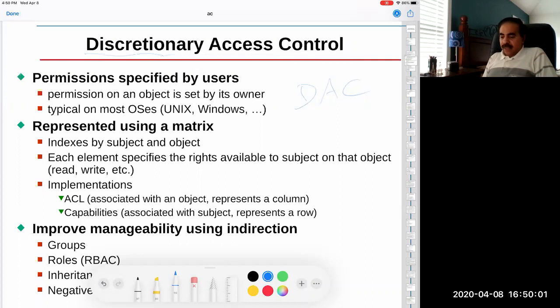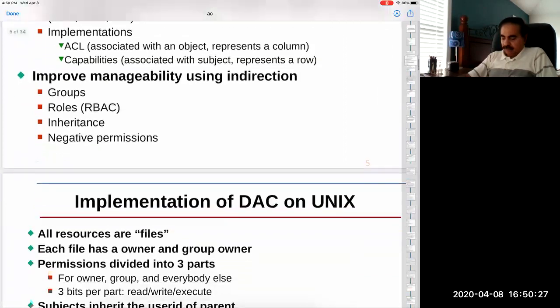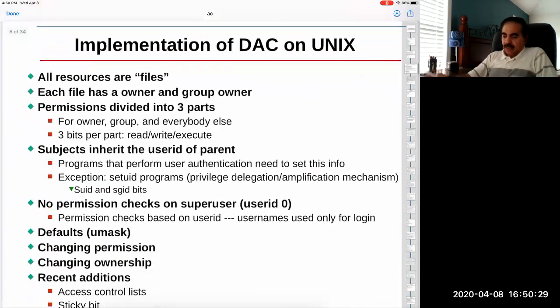So, any of today's operating systems uses the DAC mechanism as the primary access control mechanism available on the operating system. So let's look at how things work on Unix.